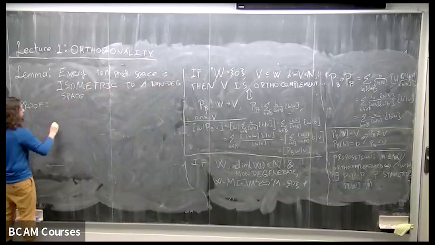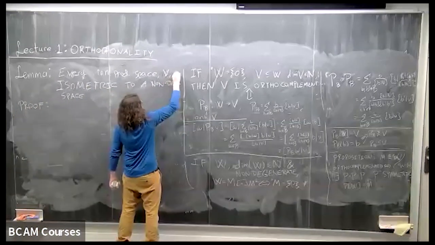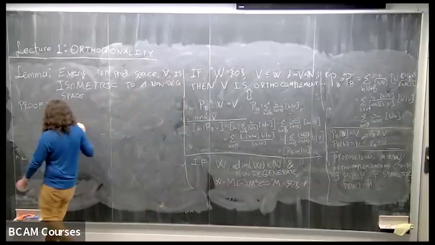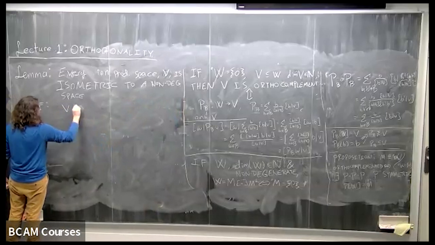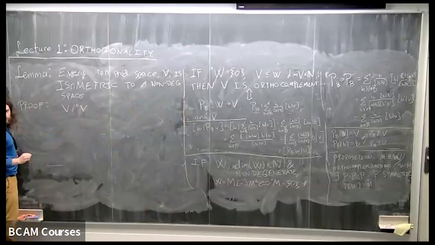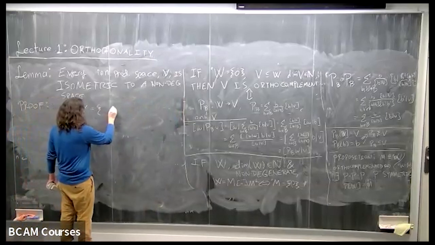This non-degenerate space, okay, let me give this a name. V hat is this quotient space. So this quotient space is defined as the set of all sets of this form.